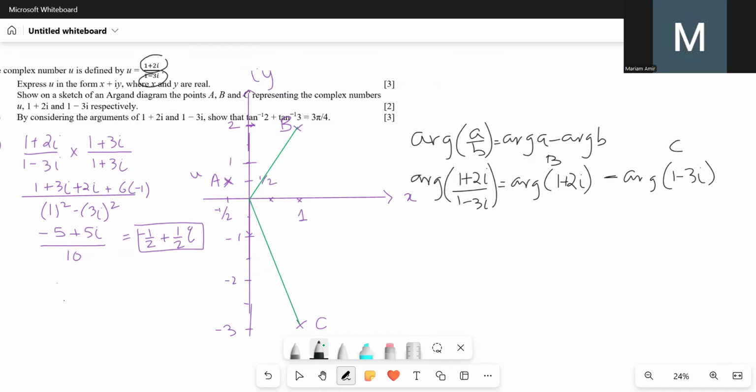This is just u, and we have already simplified u. U is this point A. So we're going to find the argument of this.